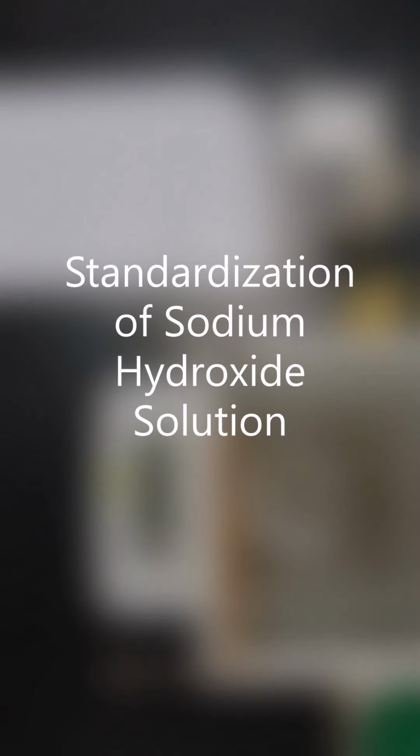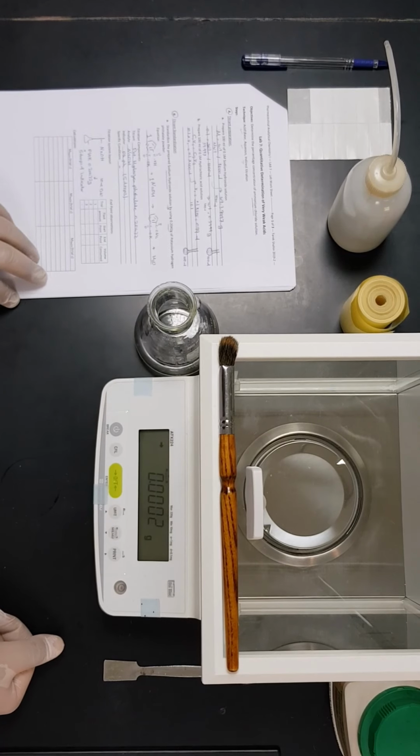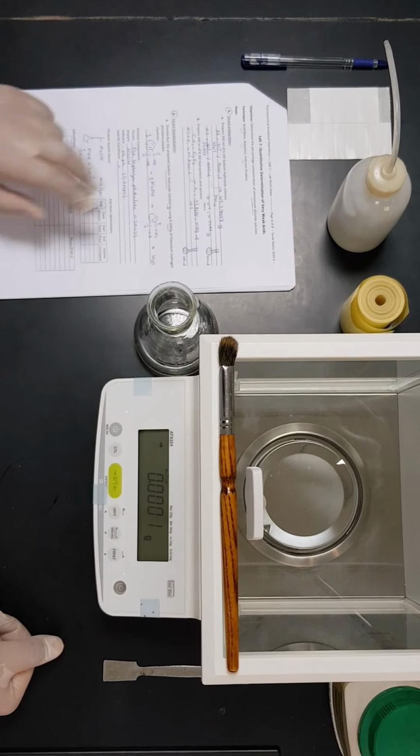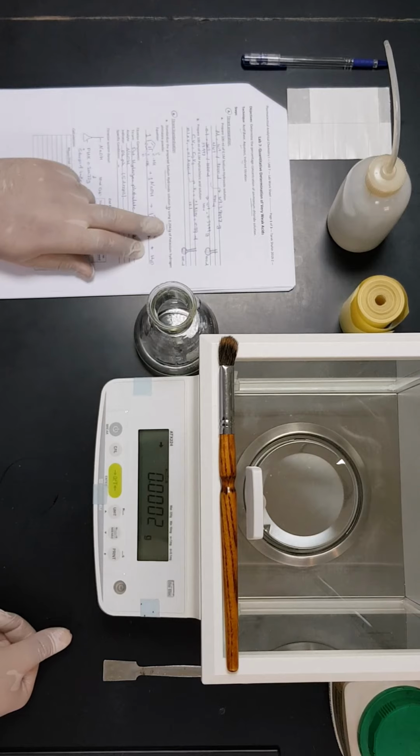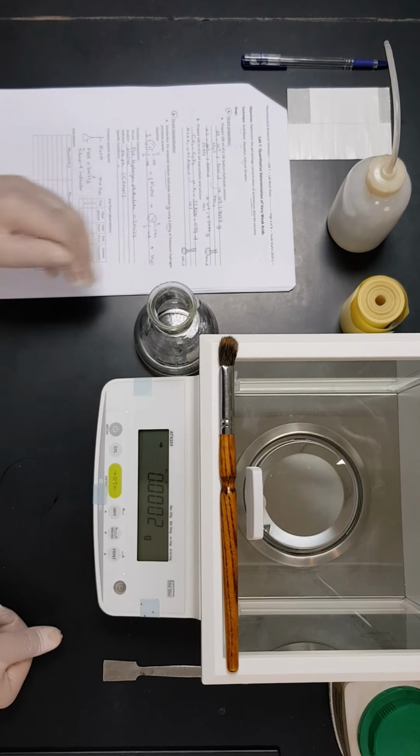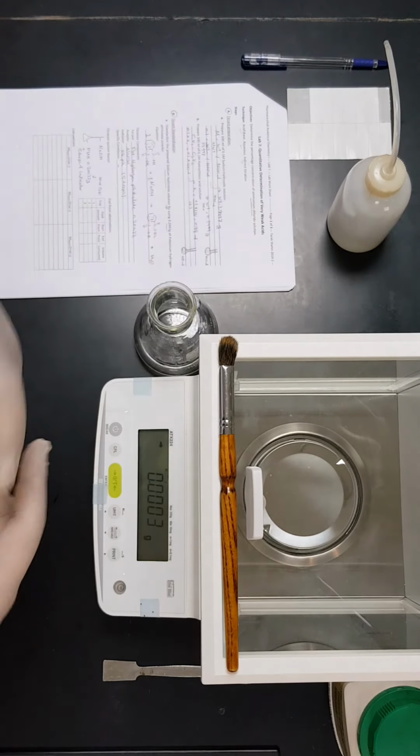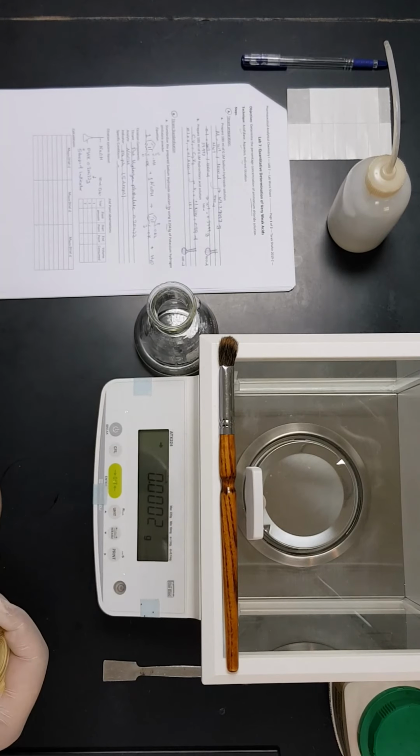Now we are going to proceed with the standardization of sodium hydroxide solution. So we have to take 0.2042 grams of potassium hydrogen phthalate. So we will have our weighing paper.